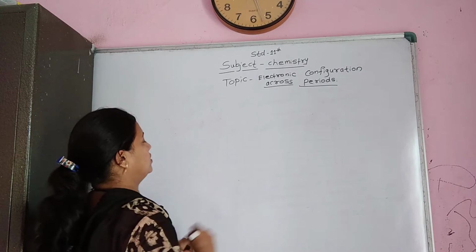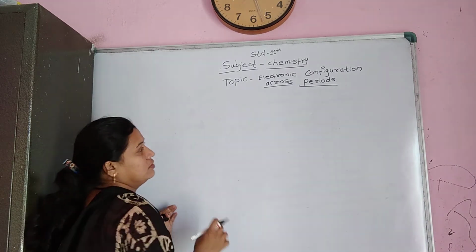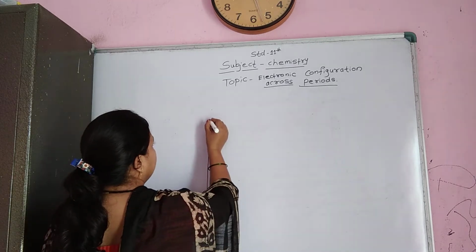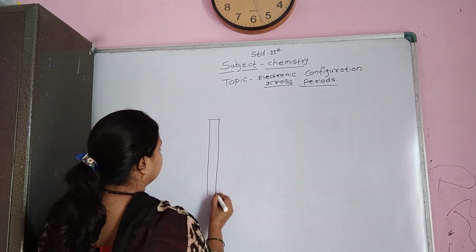Firstly, we draw the sketch of the modern periodic table, and we have to know only the number of periods.